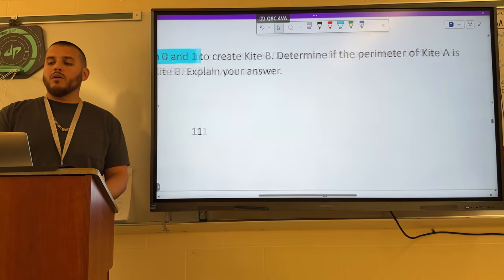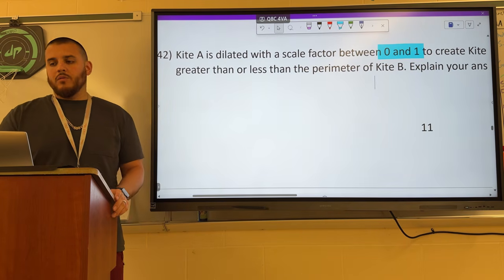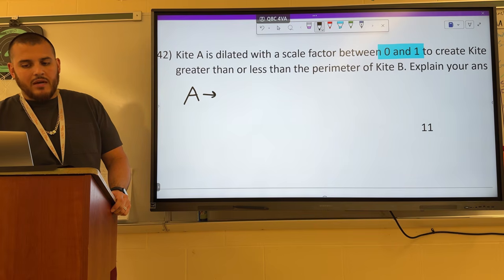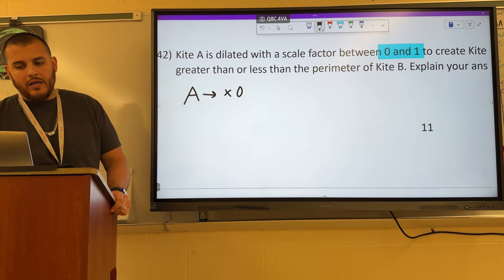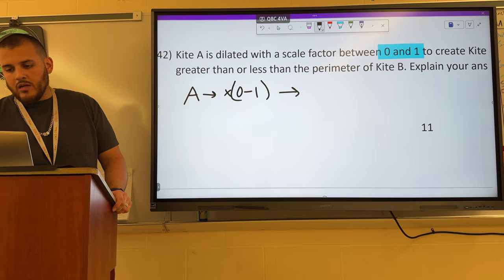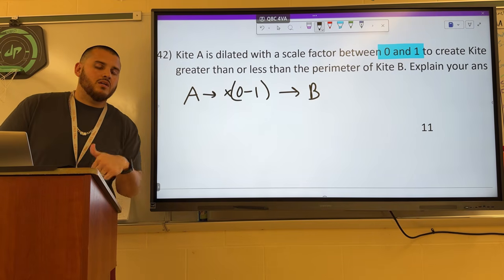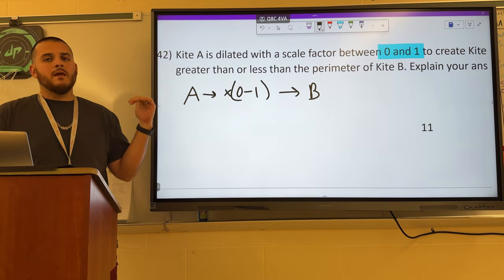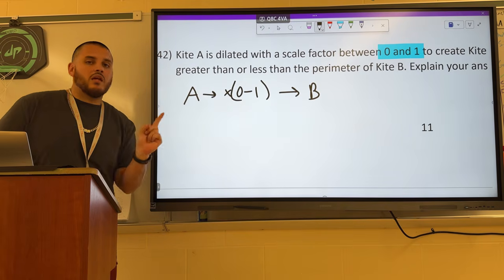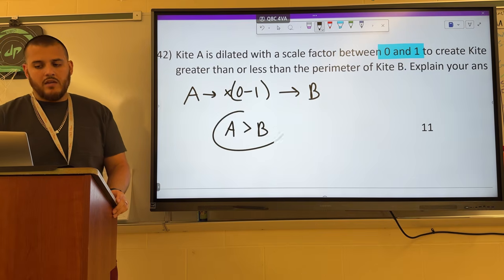We're determining if the perimeter of kite A is greater than or less than the perimeter of kite B. So we started with A, and we are multiplying it by a scale factor between 0 and 1 to end up with kite B. Well, something between 0 and 1 would be a reduction. If the scale factor is less than 1, that shape is going to get smaller. So that means B is smaller than A, so the perimeter of kite A would be greater than the perimeter of kite B.